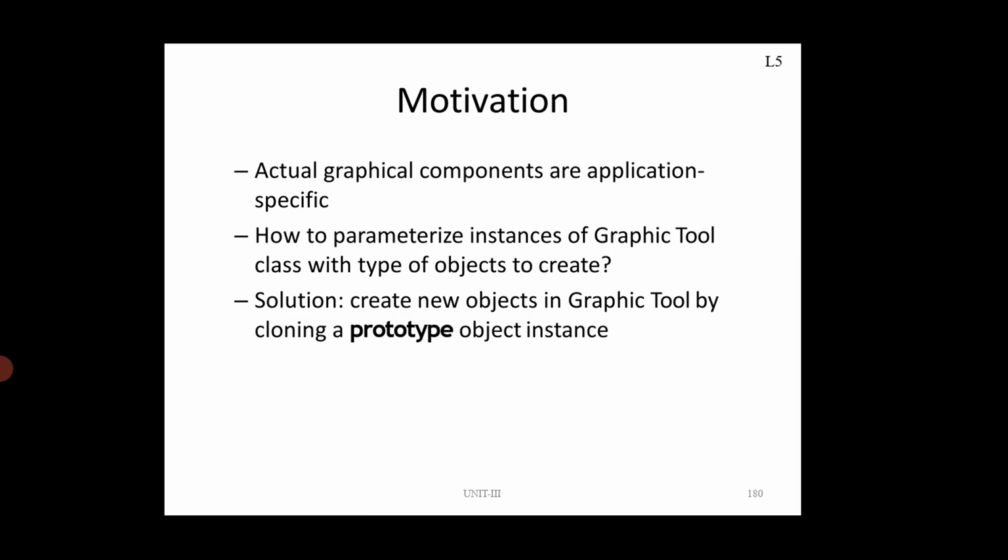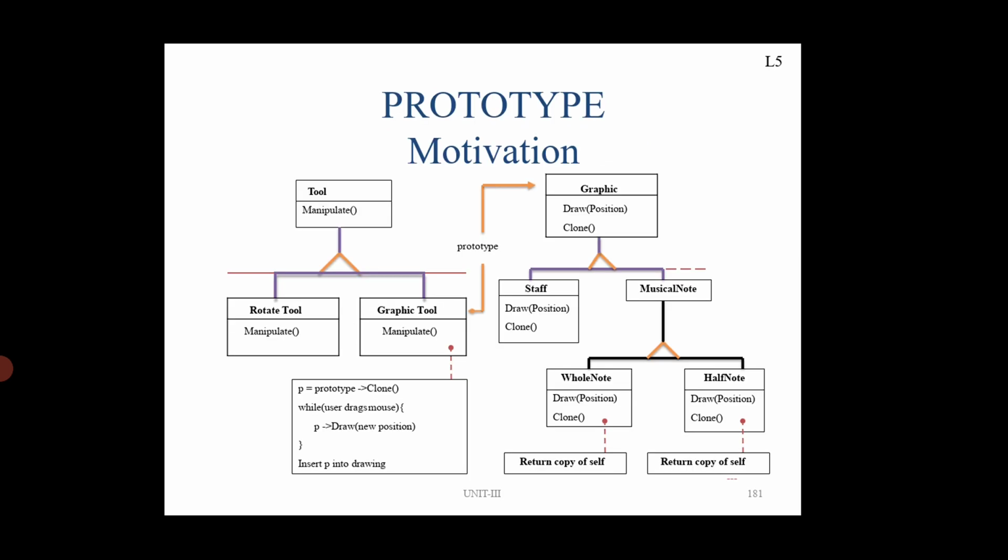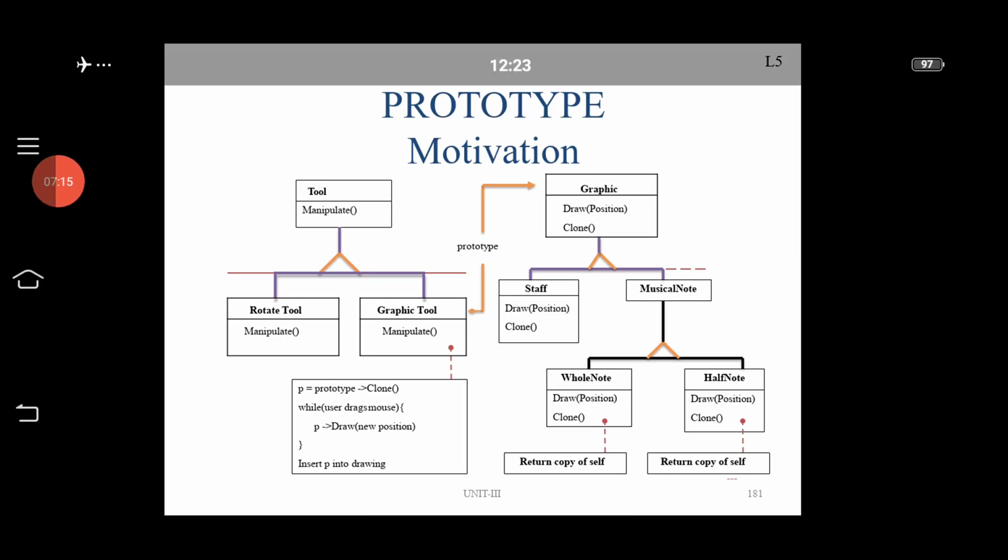The solution is to create new objects in the graphic tool class by cloning, in the sense of just copying a prototype object instance. Let us look at the prototype motivation here.